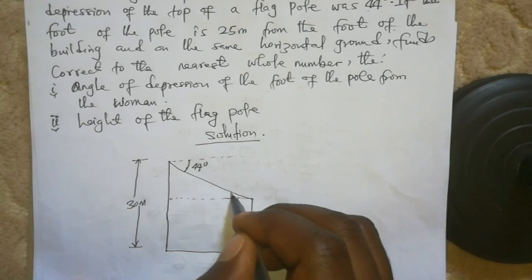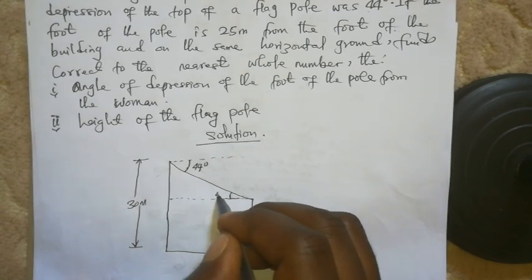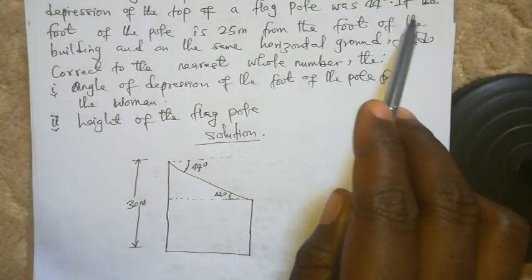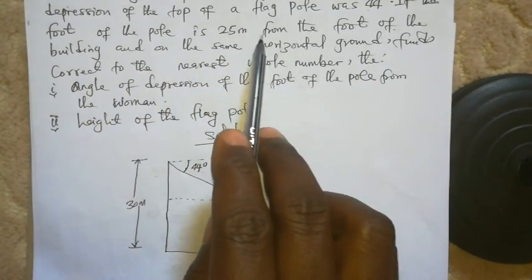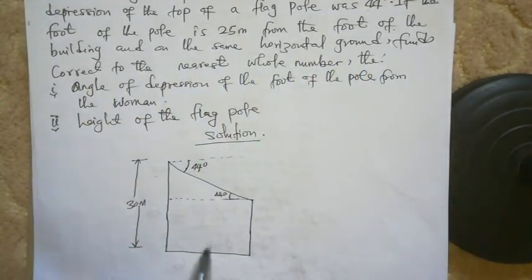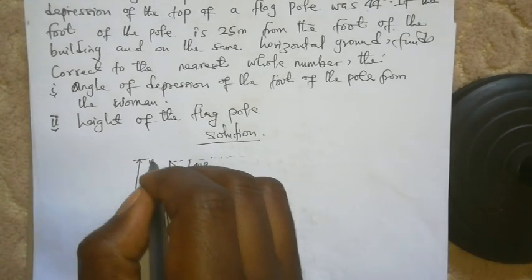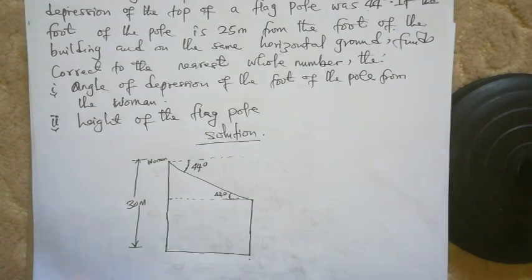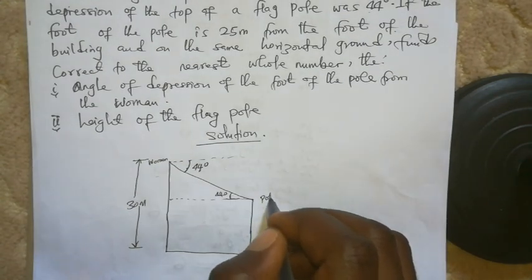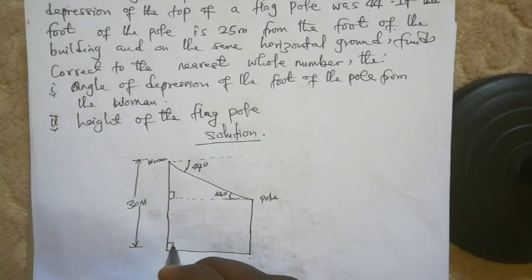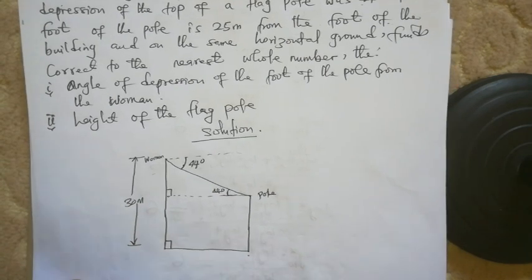Why? Because they are alternate angles. And they said the foot of the pole is 25 meters from the foot of the building. This is where the woman is, and this is the pole. This is a right angle triangle.